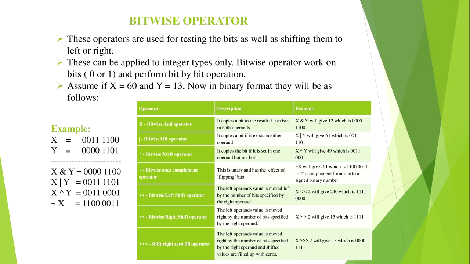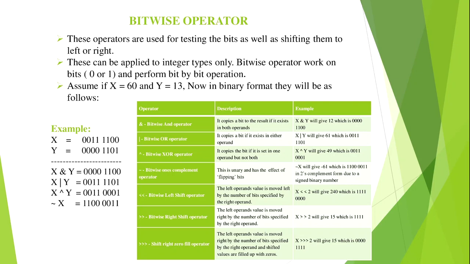x exclusive OR y means you will get the output 0 bit if both the operands are the same. And see in our example, 0 0 means both bits are the same, then you will get the 0. 1 1 means both bits are the same and then you will get the answer 0.